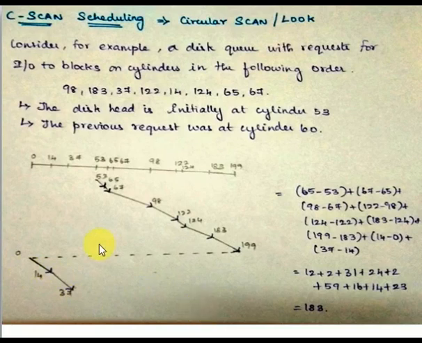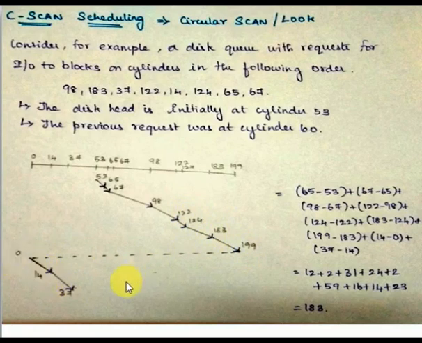Now finding out the seek time: 65 minus 53, 67 minus 65, 98 minus 67, 122 minus 98, 124 minus 122, 183 minus 124, 199 minus 183, then 14 minus 0, 37 minus 14.